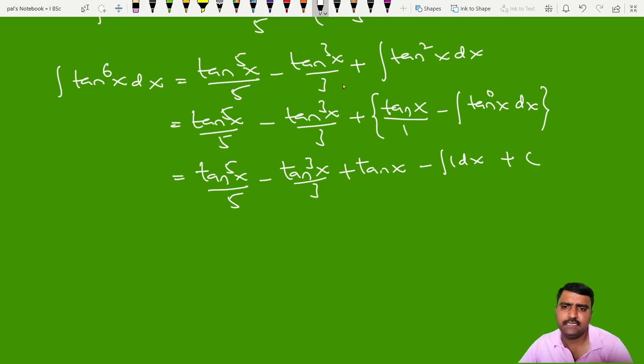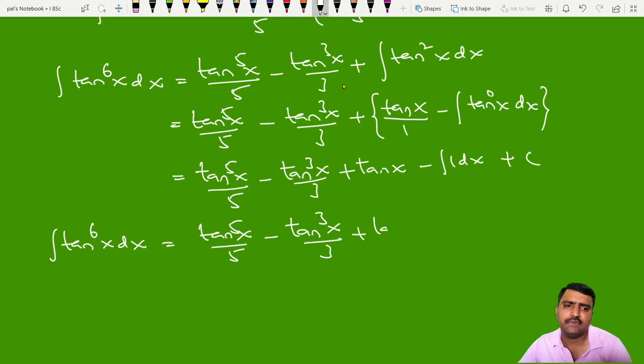So integration of tan to the power 6x dx is equal to tan to the power 5x by 5 minus tan to the power 3x by 3 plus tan x minus integration of 1, which is x, plus c. That's all.